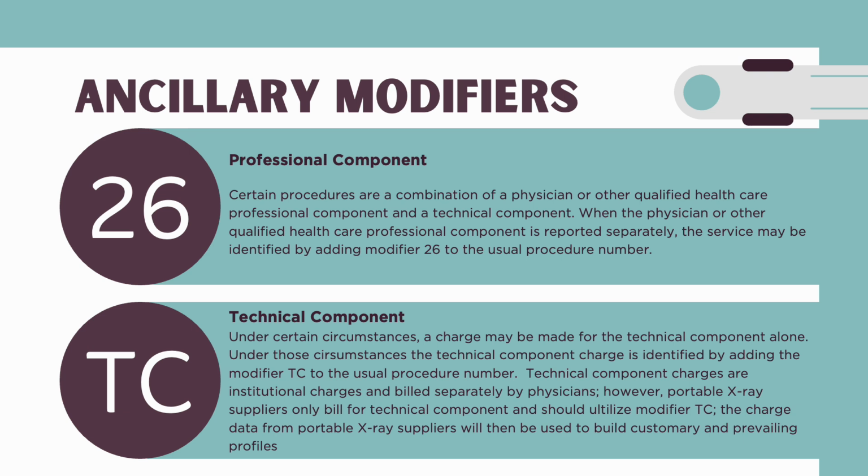If the physician performs the x-ray in the office and performs the interpretation of that report, then code 71046 without any modifiers would be reported to indicate the global service, since both the technical and professional components were performed.